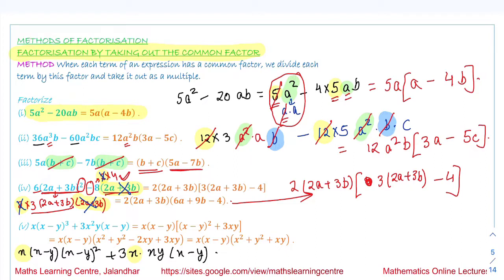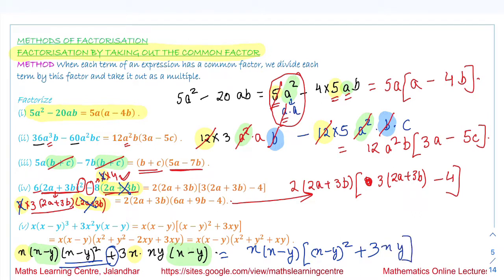Then x minus y is also common, and no other term is common now. So we write x into x minus y as common. From the first term we are left with x minus y square, and from the second term, the plus sign is there, we are left with 3 into y.